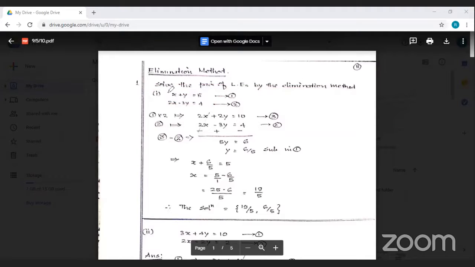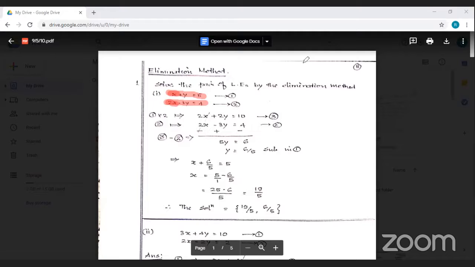One is x plus y is equal to 5 and the other is 2x minus 3y is equal to 4. What we are going to do is bring the coefficient of one variable equal in both the equations.